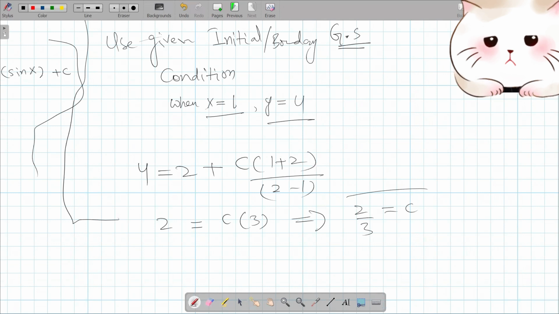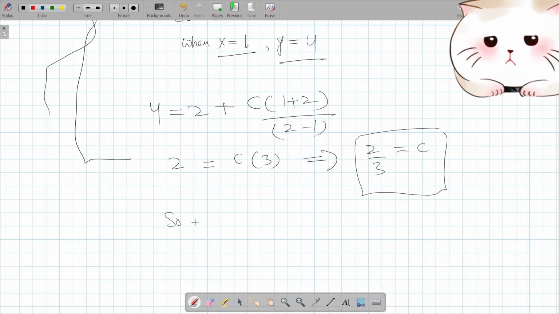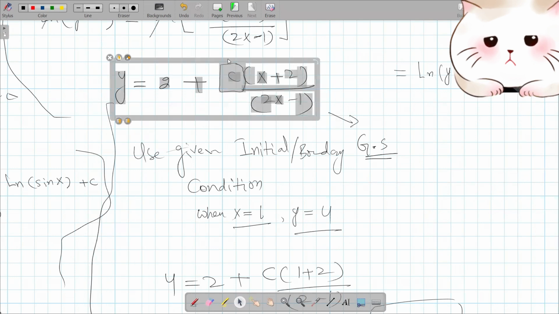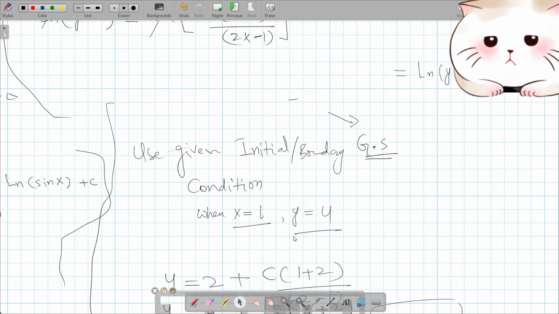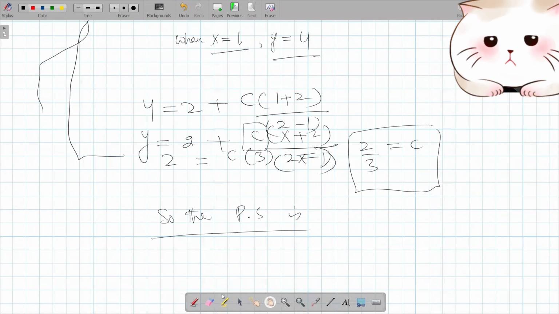So after getting the value of c, what will you do now for the particular solution? Just take the general solution. Oh no, take the general solution. What happened?